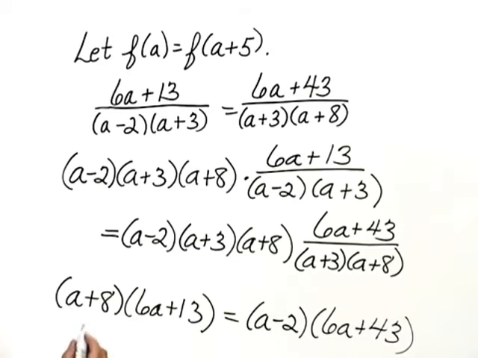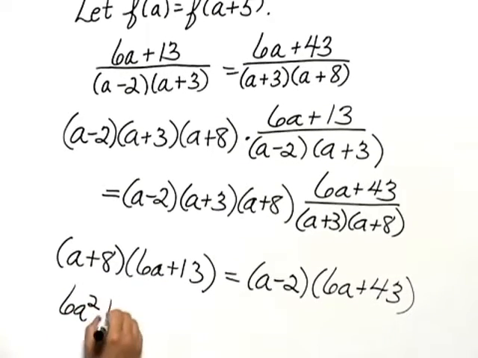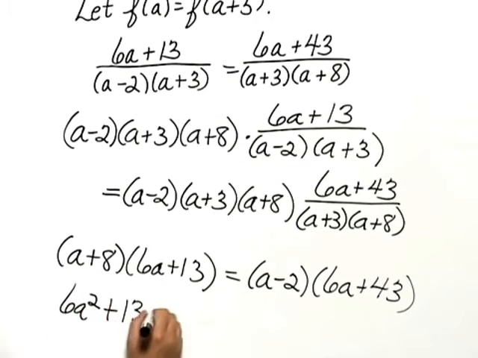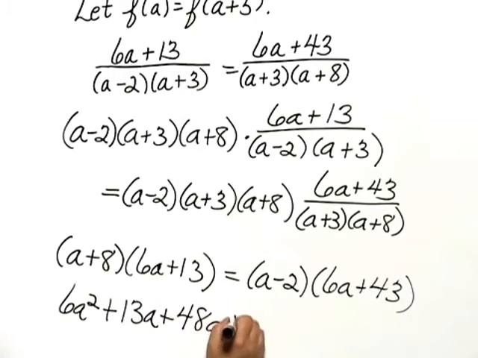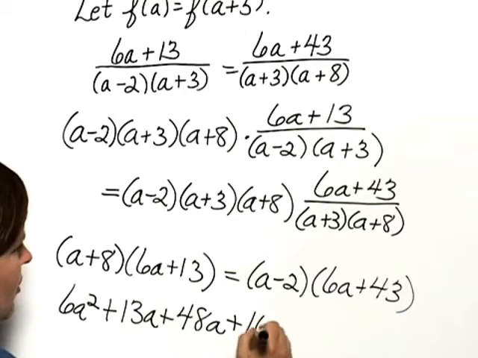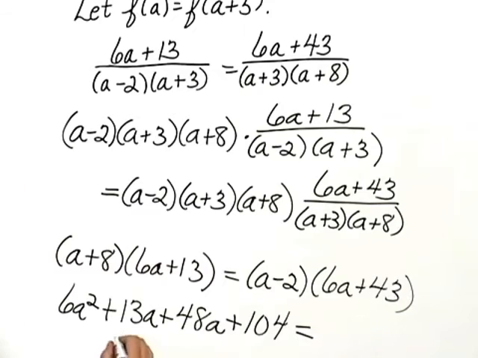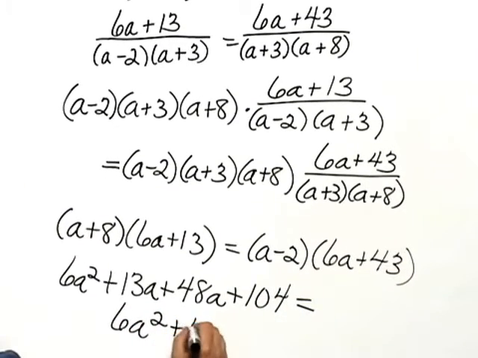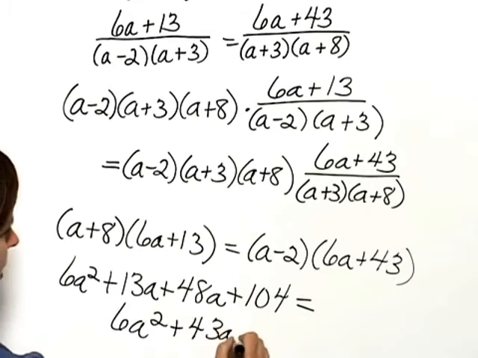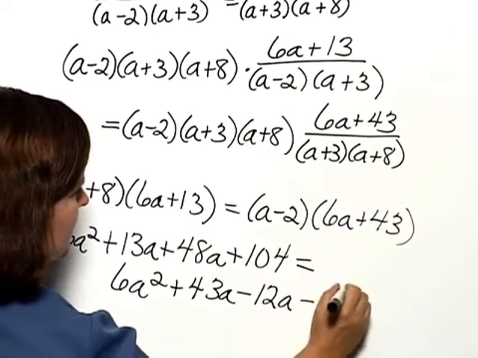Multiplying, we have 6a times a, 6a squared, plus 13a, plus 48a, plus 8 times 13, which is 104, and that equals 6a squared, plus 43a, minus 12a, minus 86.